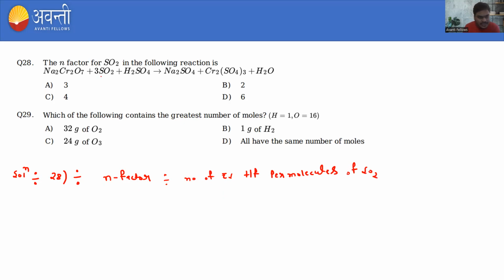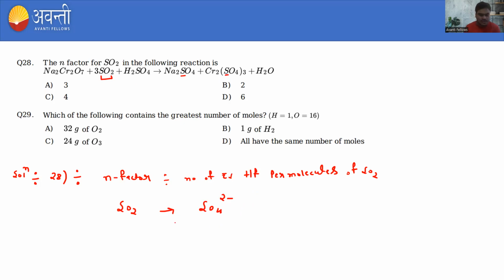Here we have SO2, and in this we have sulfur. We just have to calculate the oxidation and reduction of each, right? So here SO2 becomes SO4 2-. What is the difference between these two?